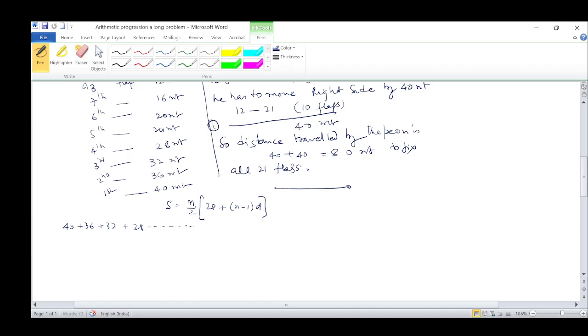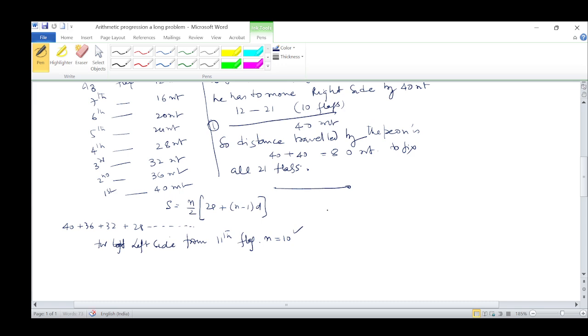So Sn here is for the left side. From the 11th flag, n is equal to 10.